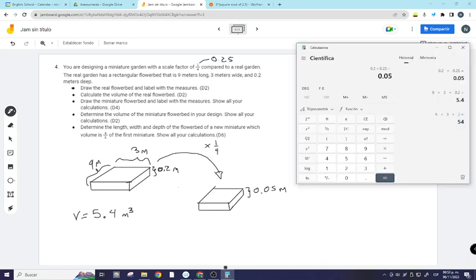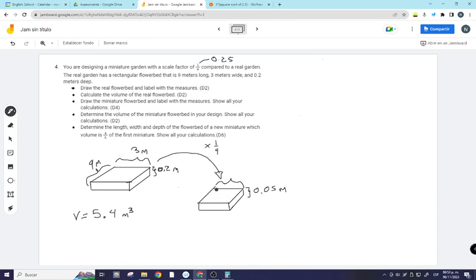3 times 1/4 is 3/4 meters, or 0.75 meters. And here it's basically 9/4 meters, like 9 times 1/4, 9/4 meters, or 2.25 meters.